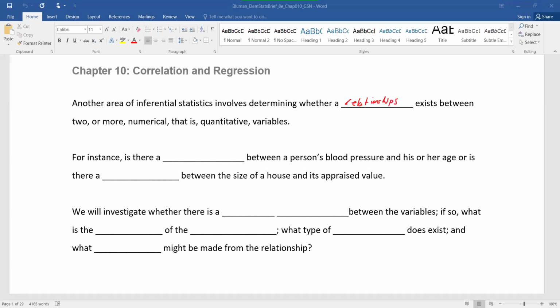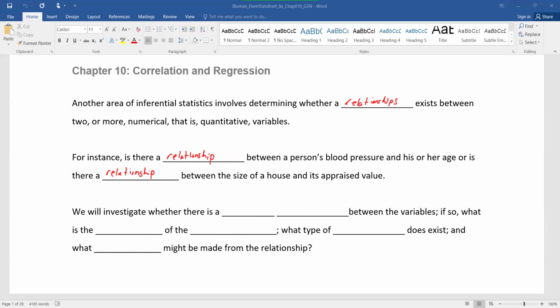For instance, is there a relationship between a person's blood pressure and his or her age? Or is there a relationship between the size of a house and its appraised value?